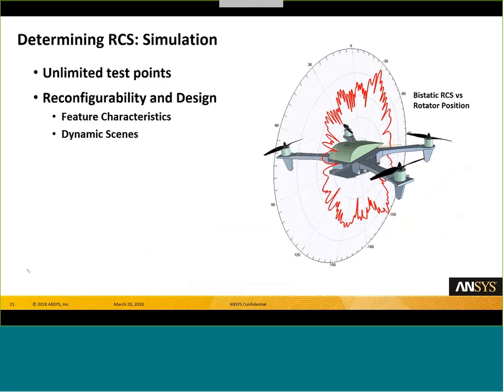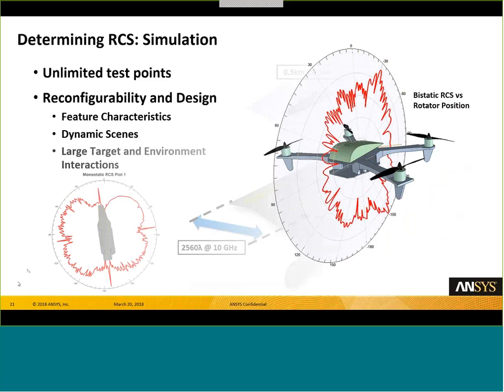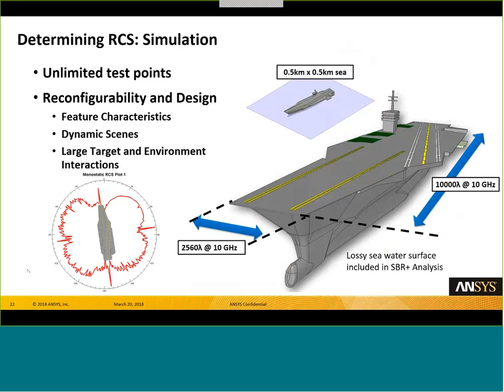And then for dynamic scenes, you can really get a feel for the sensitivities involving these complex scenarios that would just be extremely costly to be able to conduct on a pure test basis. So here's an example of an RCS characterization that's just enormous in scale.